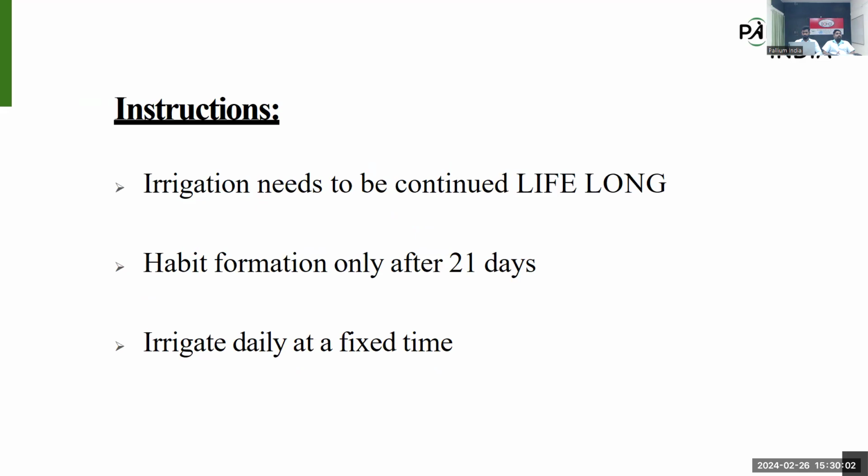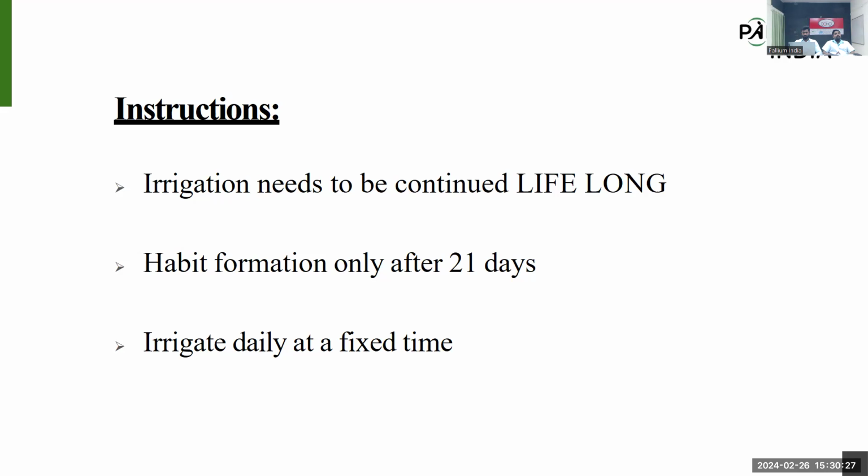They need to continue the irrigation lifelong, like a bowel habit or toileting method, until his or her death. Habit formation happens only after 21 days. Otherwise, even after starting irrigation, after just 2 weeks or 10 days, they may expect habit formation. So 21 days are needed for habit formation, and we need to instruct that.